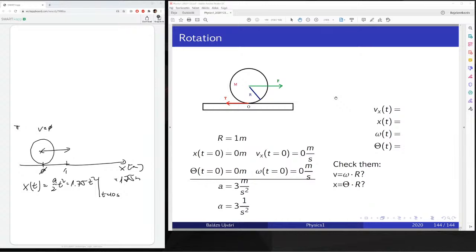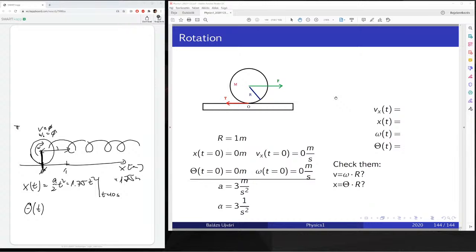Also pretty easy to calculate what is the angular displacement. For that we also need boundary conditions. So for example, this straight line represents theta equals 0, and if the initial omega is 0, this will rotate, and if you look at one point of this wheel, it will change its angular position.